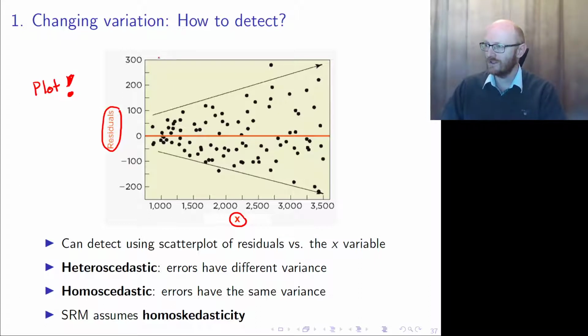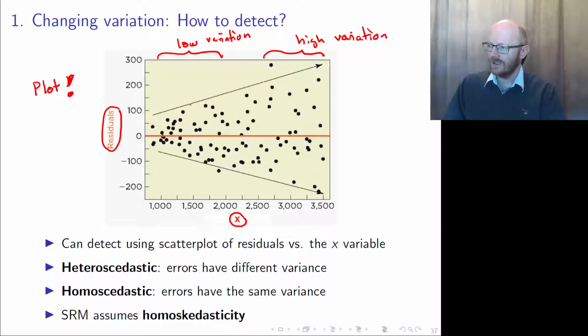So for example, here you have some low variation, whereas here you have some high variation. If these residuals have a different variance, then they are heteroscedastic.